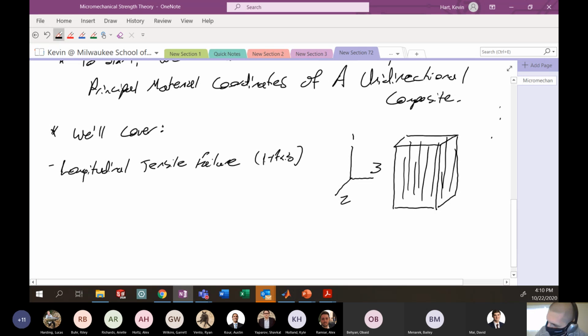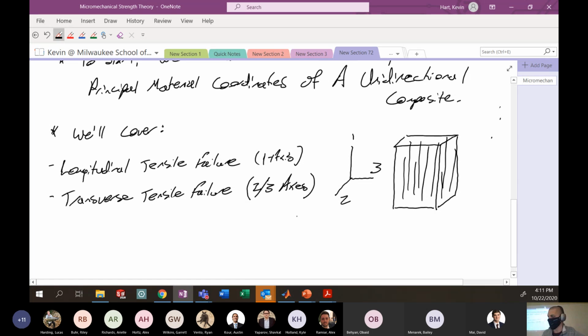This is one axis. We'll cover transverse tension. So this is the 2 and 3 axes. Remember, it's a plane of isotropy, that 2-3 plane.